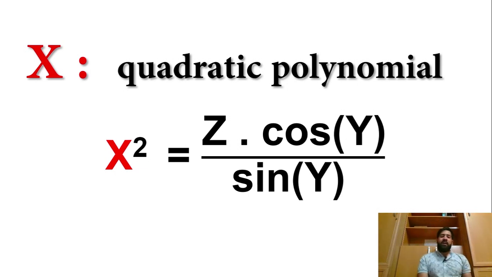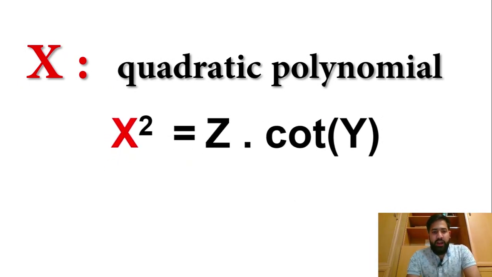On the left side we have x squared, only the variable, and on the right side we have a normal number. Now we can simplify the right side of the equation. x squared is equal to z times cosine divided by sine, which gives the cotangent of y. So we have x squared is equal to z cotangent of y. Now we can get x. x is the square root of z times cotangent of y.